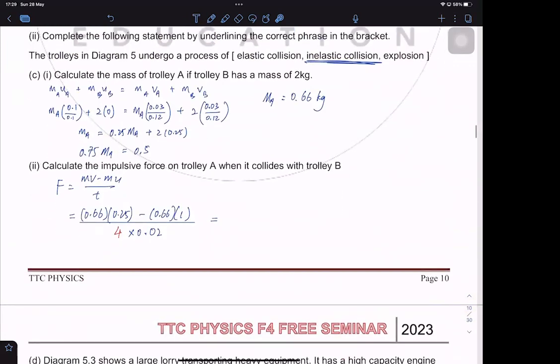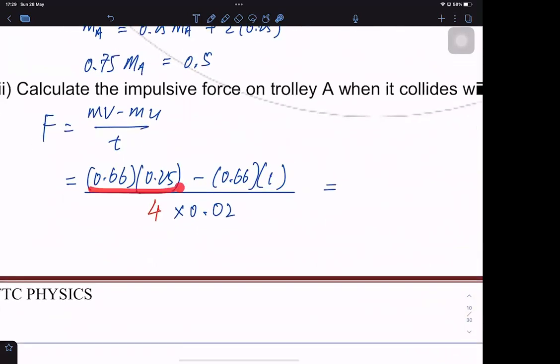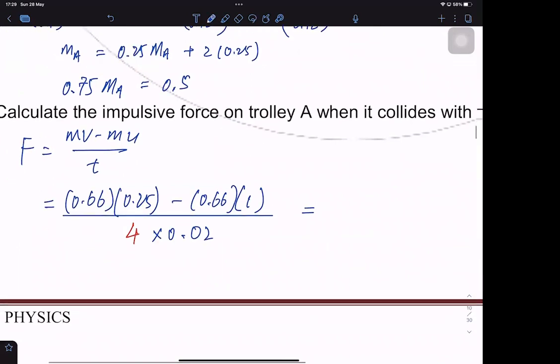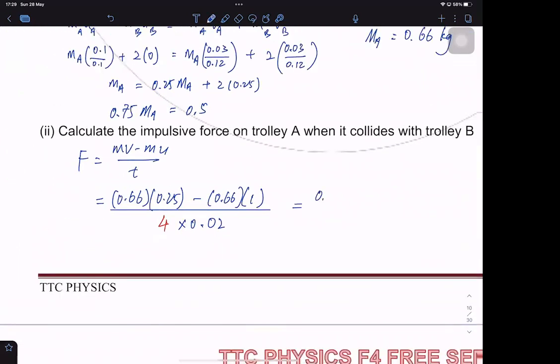All right, what is 0.66 times 0.25? 0.1 something. So 0.165 minus 0.66 divided by 0.08.